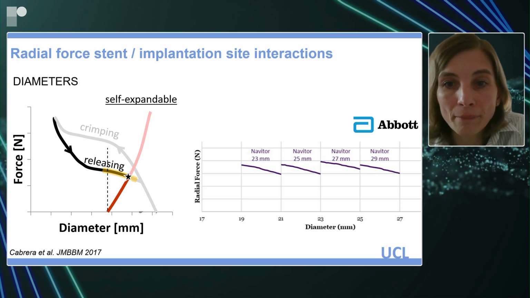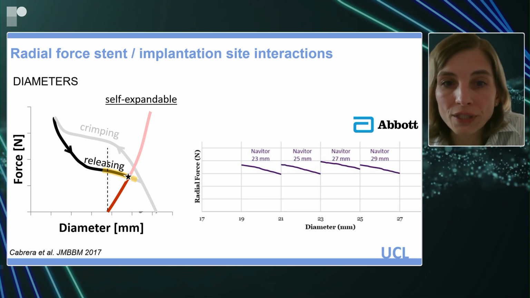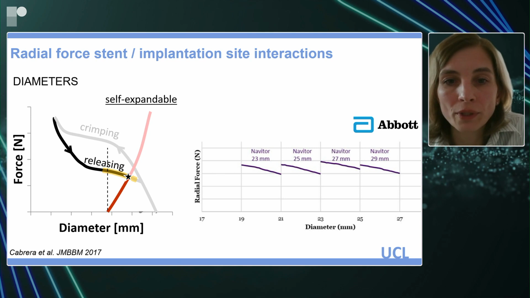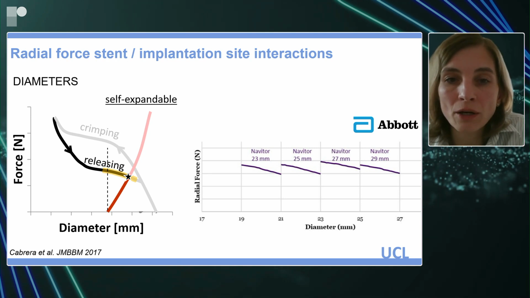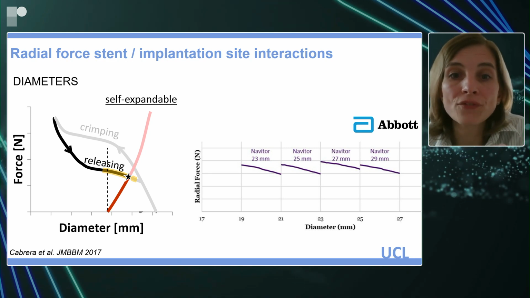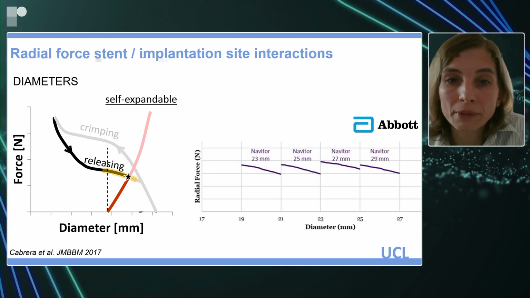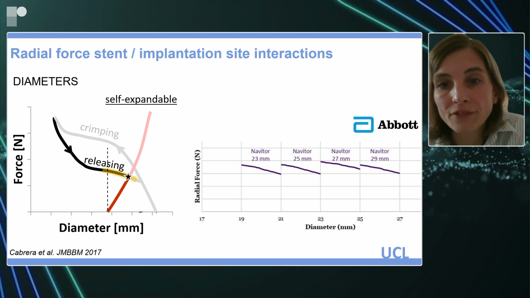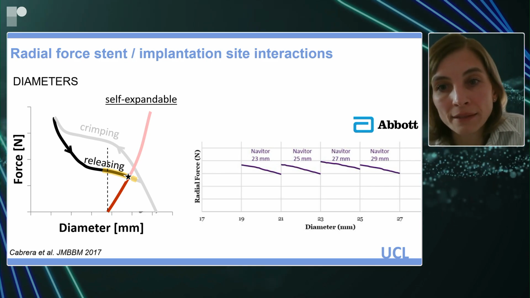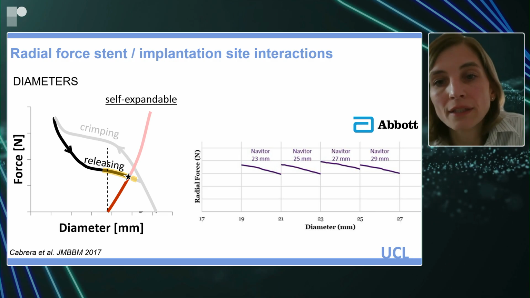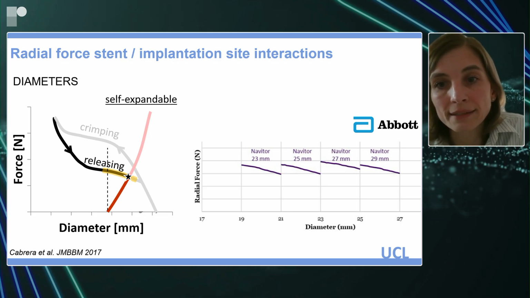So we can see that you can maintain constant radial forces despite working at different diameters without moving along the curve, but really shifting the curve itself by tuning the material properties. And you can see an effect of this on the initial, so the proximal portion of the stent with these different diameters here.